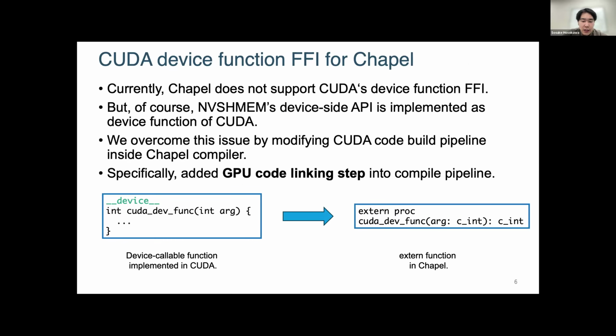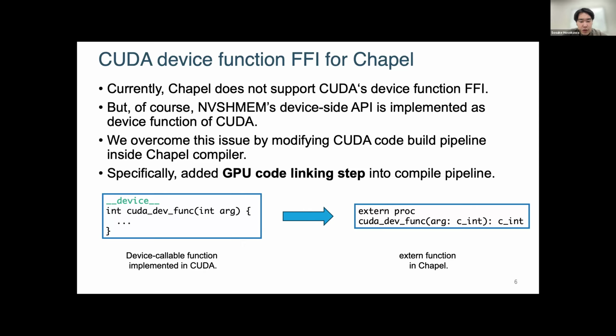The first challenge is about the FFI for CUDA device functions. Currently, Chapel doesn't officially support calling device functions written in CUDA directly from Chapel. However, since NVSHMEM's device-side API is implemented as CUDA device functions, we needed to make this work.